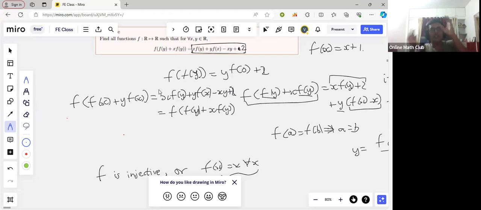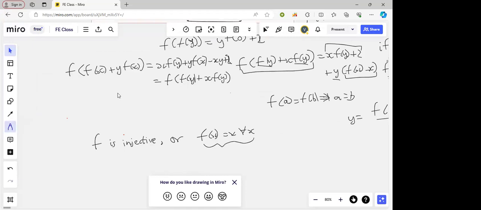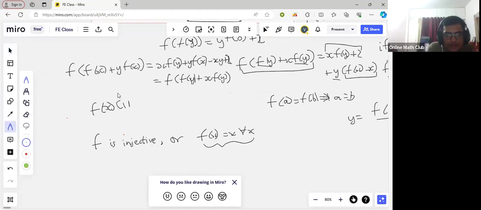This is what we get, and this is due to symmetry. So we've got two values of f that are equal. So what do we do now? We can use injectivity, right? So f of x plus y f of x equals f of y plus x f of y. I'll simplify it as f of x into 1 plus y.